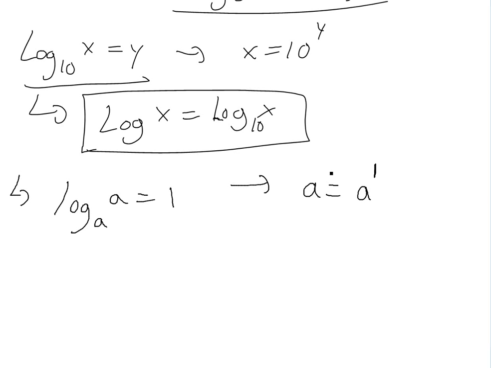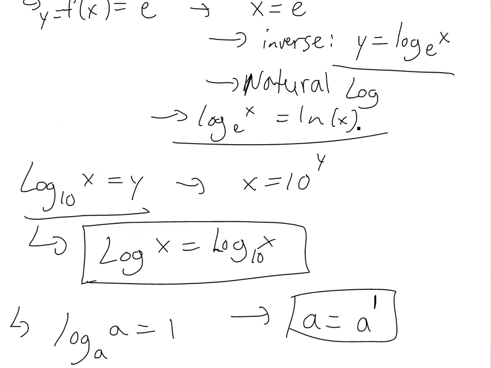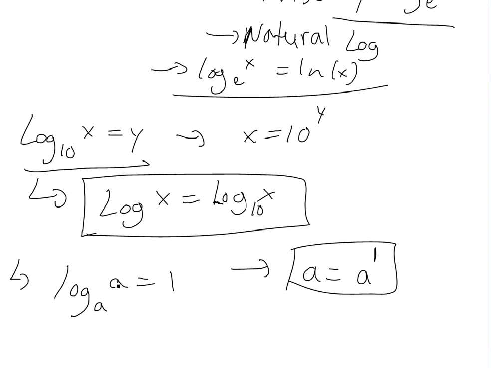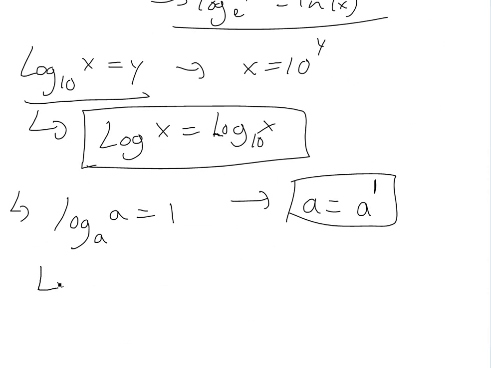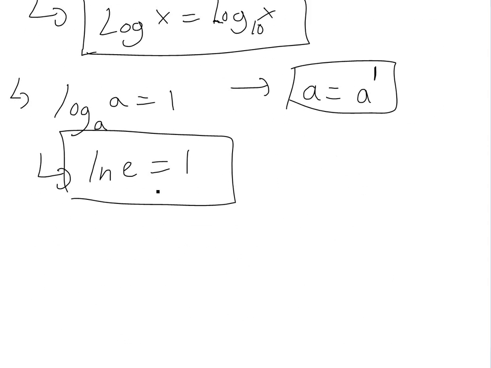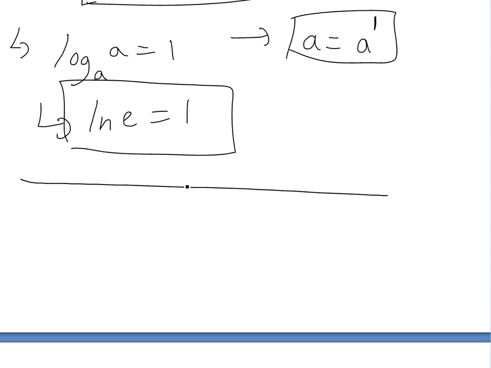So for example, if you have ln e, this just equals 1 because this is base e. So that's another property.